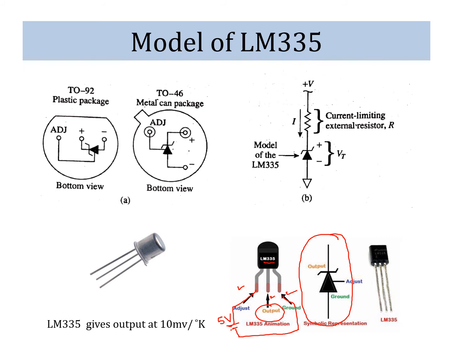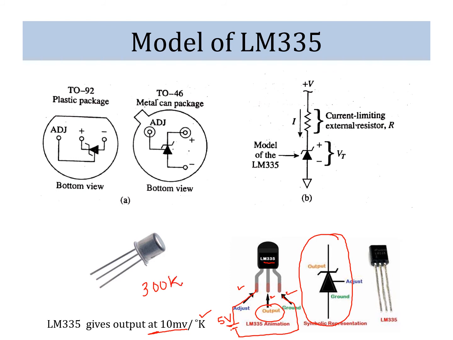If the ambient temperature is in Kelvin, it gives us that number of Kelvin multiplied by 10 millivolts, because we know its output is 10 millivolt per degree Kelvin. So at normal temperature, if it is 27 degrees centigrade, it will become 300 Kelvin.